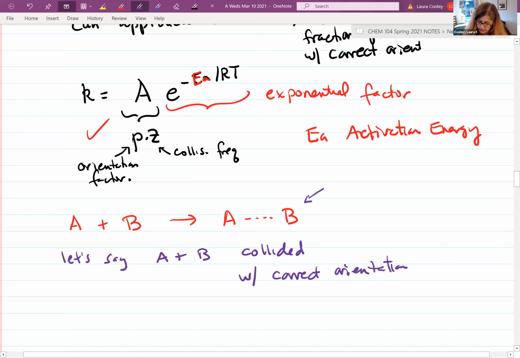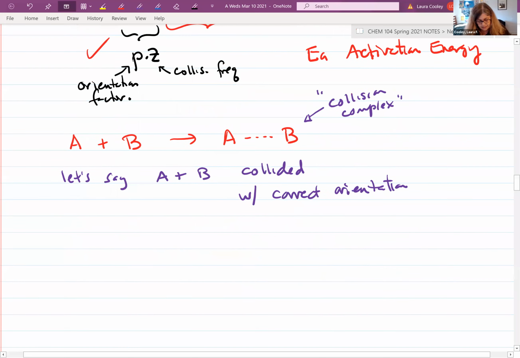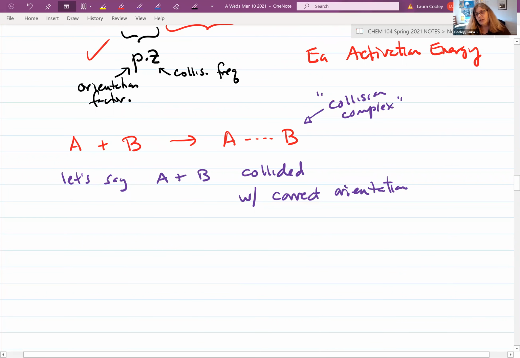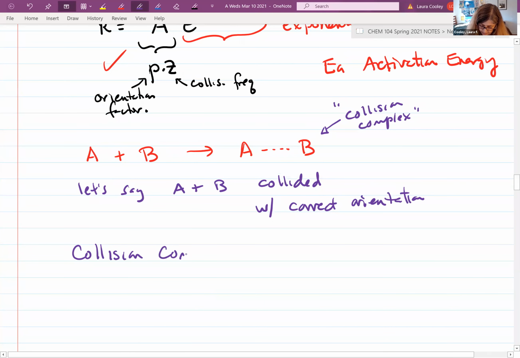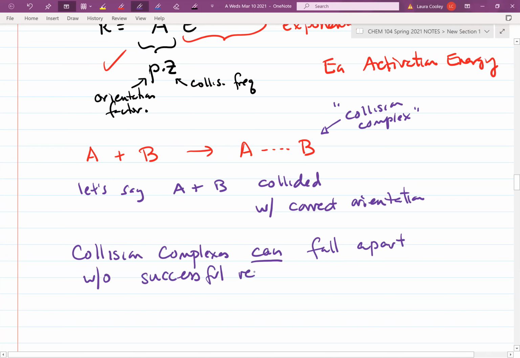Then what we have here is called a collision complex. It hasn't reacted yet. And in fact, quite a few collision complexes fall apart without reacting. So collision complexes can and do fall apart without successful reaction. Okay.